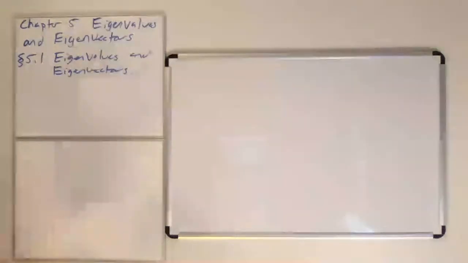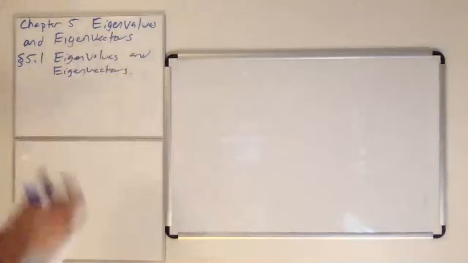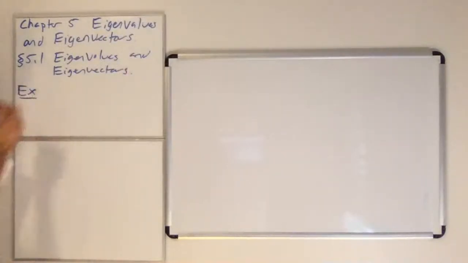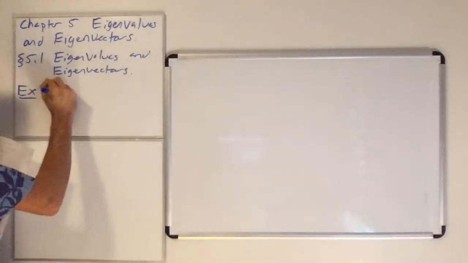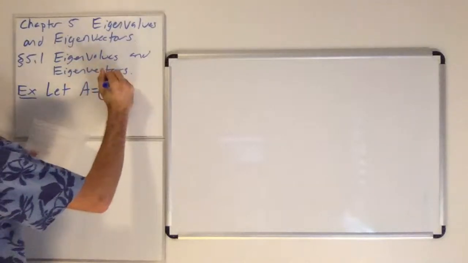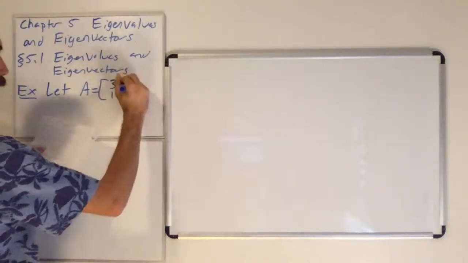Okay, so before we define it, let's take a look at an example, and it's going to motivate our definition. So example, and hopefully this is a warm up. Let A equal the matrix 3, 1, minus 2, 0.